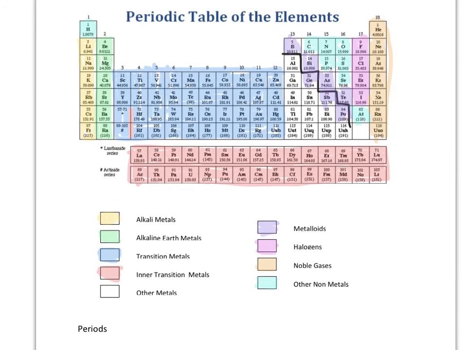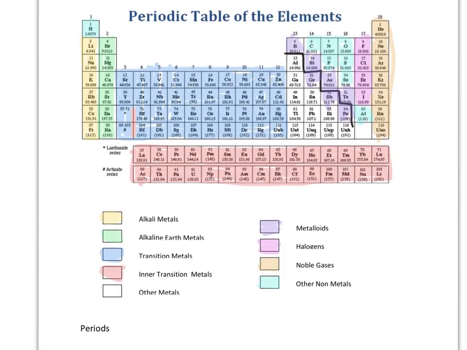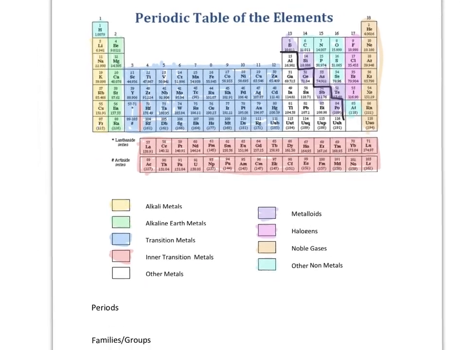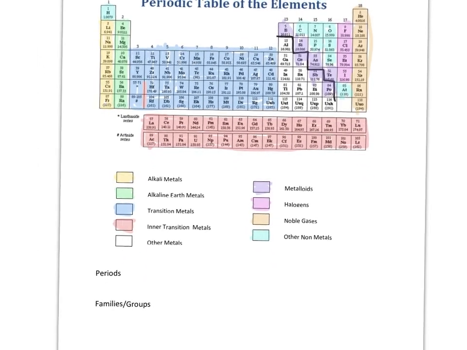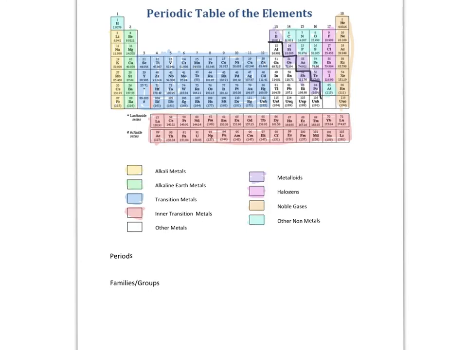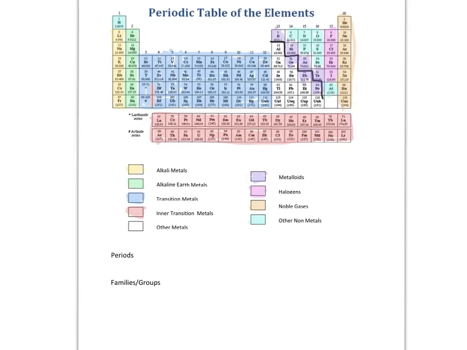Okay. On the periodic table, there are periods and there are families or groups. Periods are the ones that go across. So when you go across a period, those are the horizontal ones.